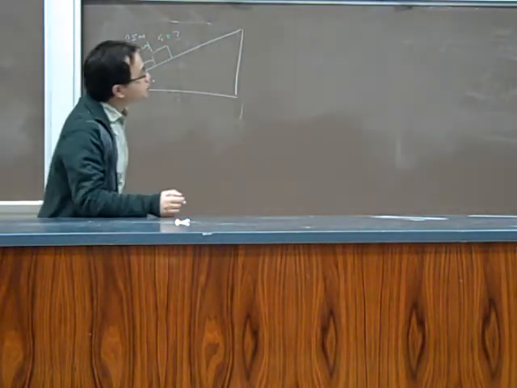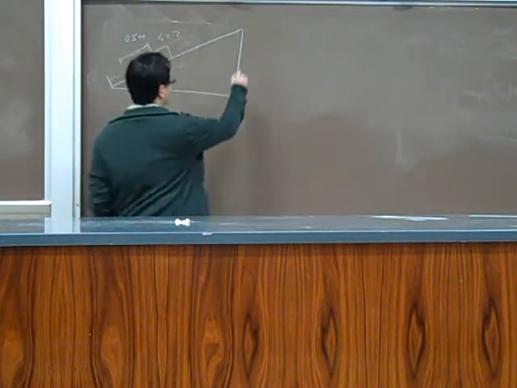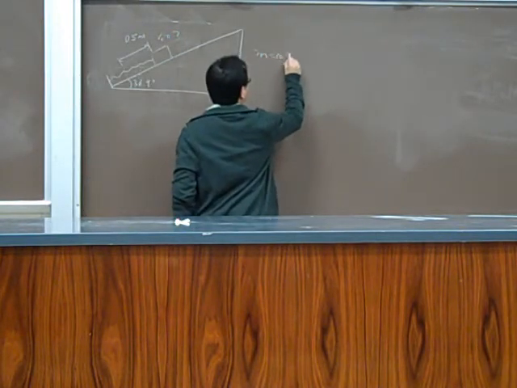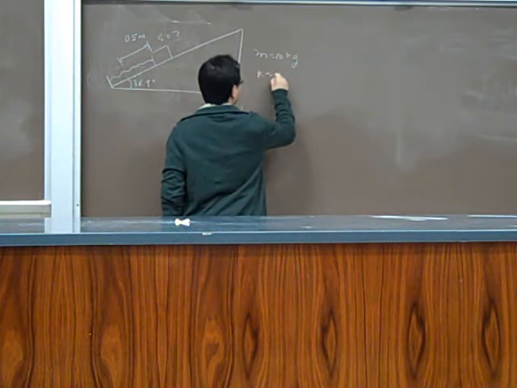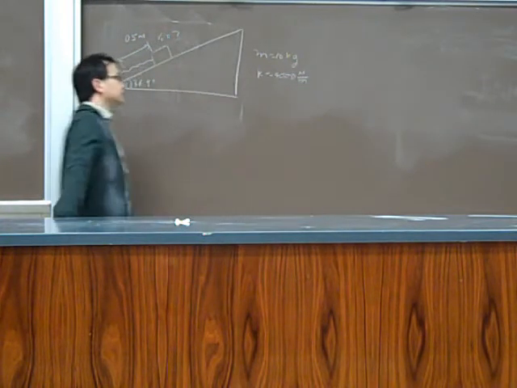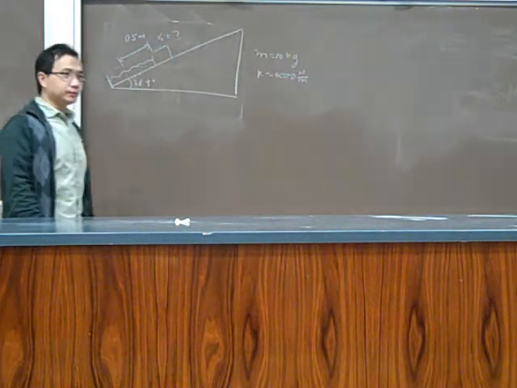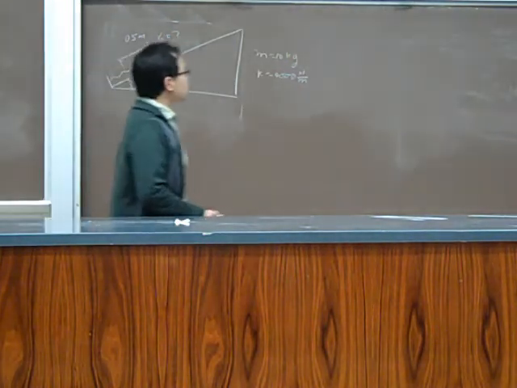We know the mass of the block is m equals 10, and the spring constant k equals 4,000. So we want to find out the initial velocity.